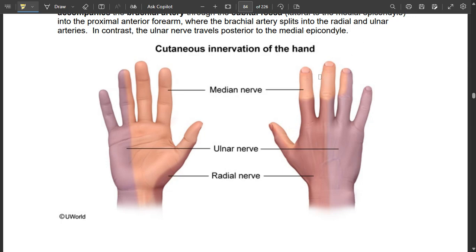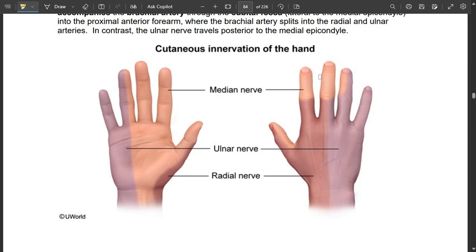The median nerve supplies, on the palmar surface, the lateral three and a half fingers, while the remaining medial part is supplied by the ulnar nerve, and the radial nerve supplies the lateralmost part. On the dorsal surface, the ulnar nerve supplies the medial part of the hand, while the lateral part is supplied by the radial nerve.